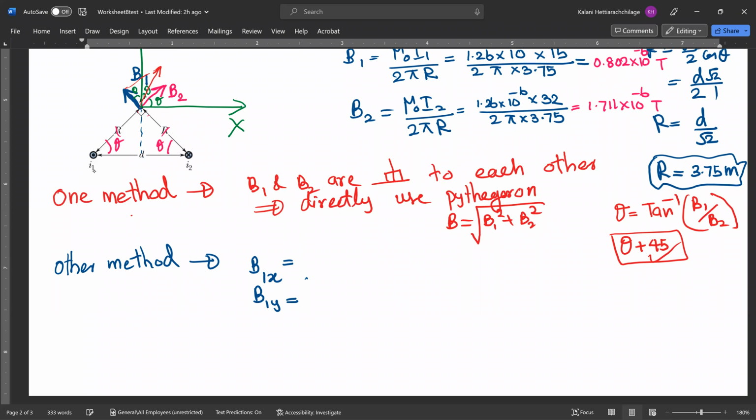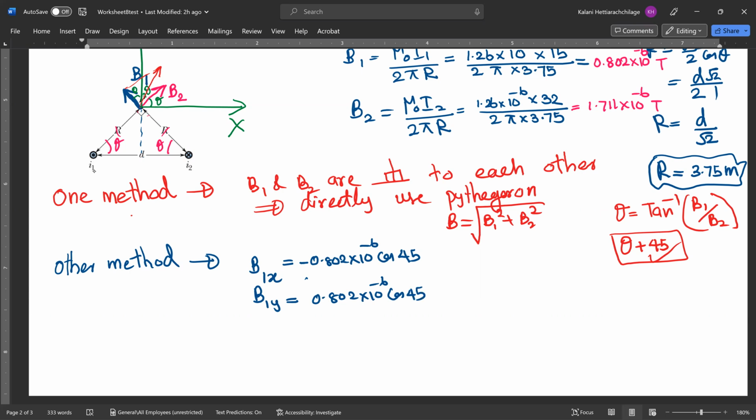B1x is 0.802 times 10 to the -6 times cosine 45. Since it is 45 degrees, cosine 45 or sine 45 gives the same. Since it is negative, I'm going to write it as negative. B1y is 0.802, a positive number, times 10 to the -6 times cosine 45.